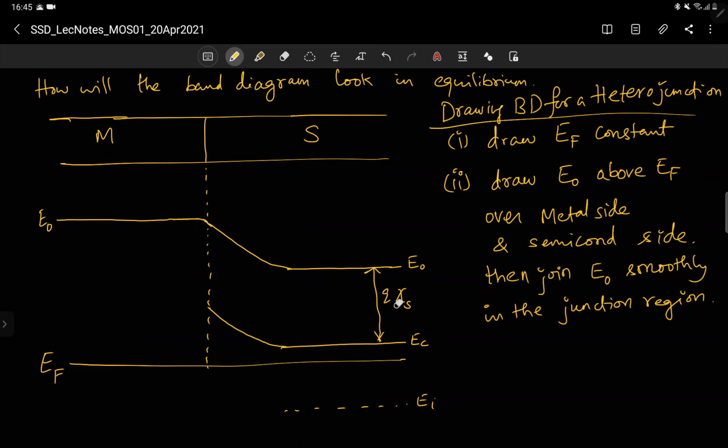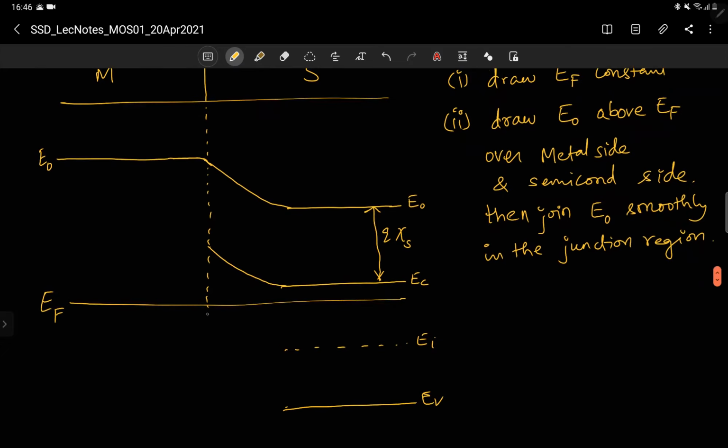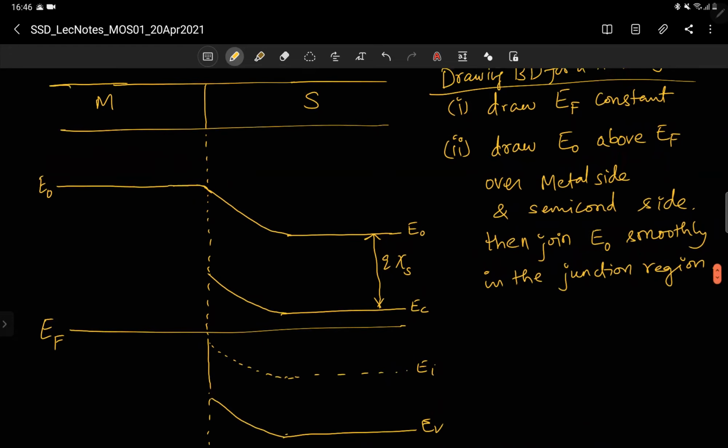It is a material dependent fixed quantity, like the energy gap of the semiconductor. EV also follows, since EC minus EV should be maintained constant, because that is a material dependent parameter. Like this. Now EI also can be drawn like this. So this is how we draw the band diagram for a metal semiconductor junction of this sort.